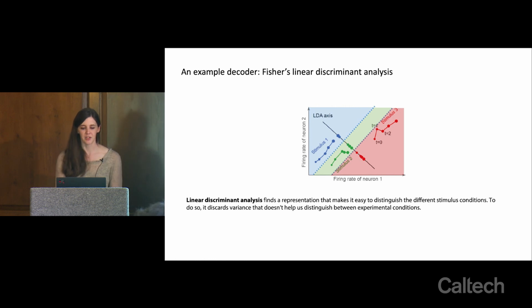Oftentimes, you can find projections of neural activity that preserve relevant signals like stimulus identity, but if you look at the total variance of the data that's explained, the amount of information that's lost when you project down to this particular dimension, you'll find that, yes, you can find these signals, but it captures a very small fraction of variance. You might only preserve 10% of the total variance of these 2D points when you project it down to this low 1D space. Versus if you did PCA, you might preserve, say, 50 or 60% of the signal.